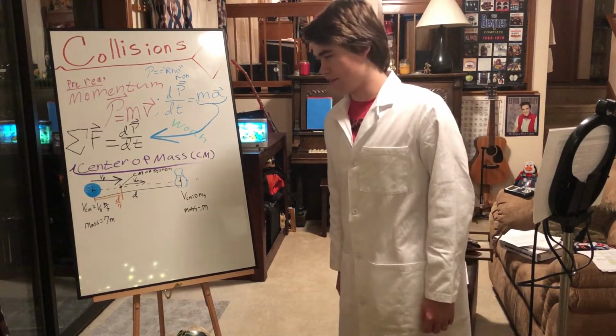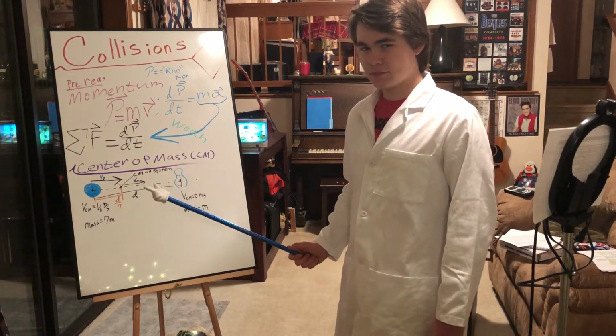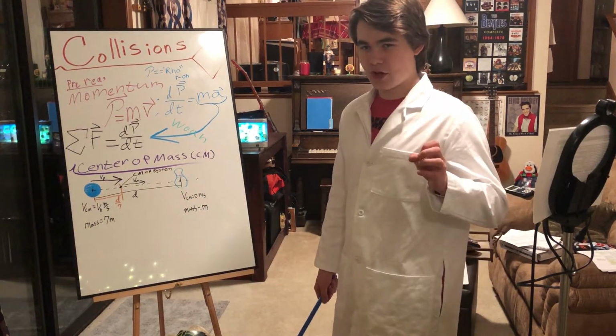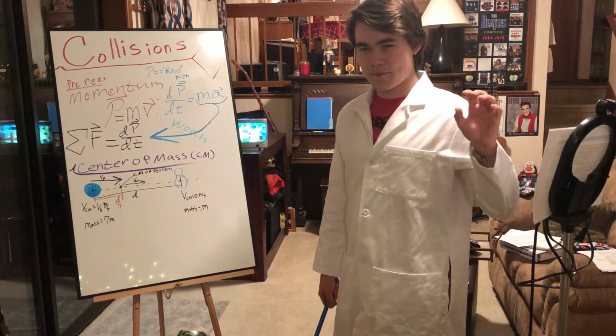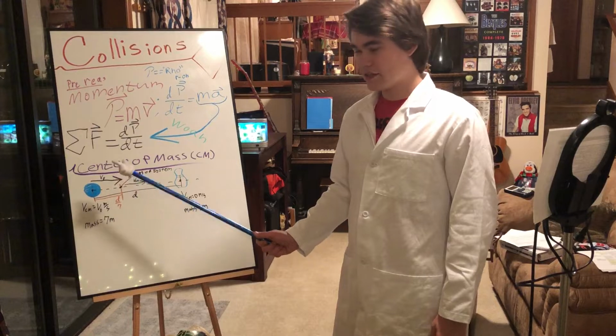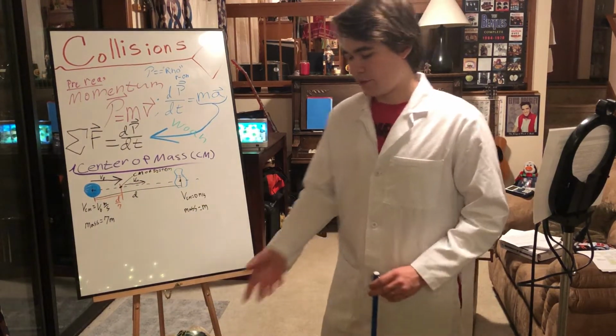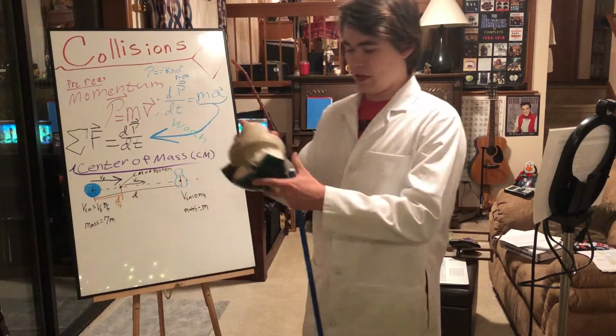For now, let's discuss center of mass. The center of mass of an object is the point at which all its mass is evenly distributed around. With the bowling ball, it's nearly the geometric center. Now, I say nearly because inside of a bowling ball, there is a weight block.